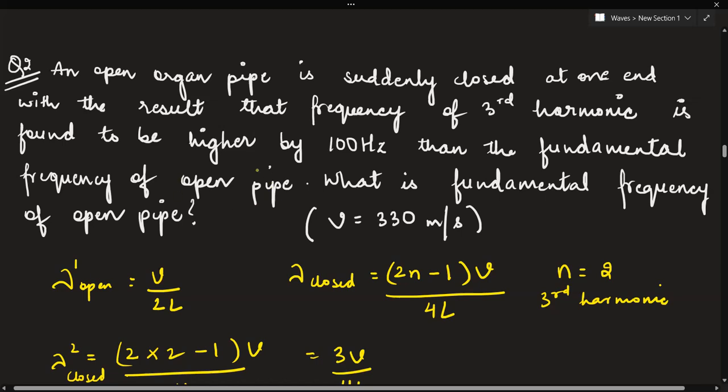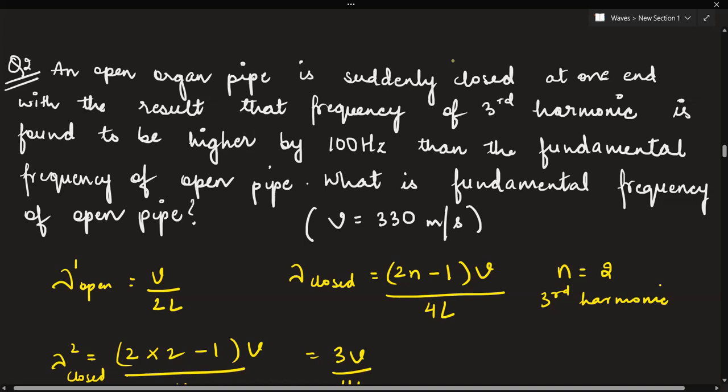It means whatever is the frequency of the open organ pipe, if we add 100, will we be getting the closed one? The closed organ pipe's frequency is found higher by how much? By the open organ pipe's frequency. So if we add the greater amount, that is 100, to the open organ pipe's frequency, will we be getting the frequency of this closed pipe?